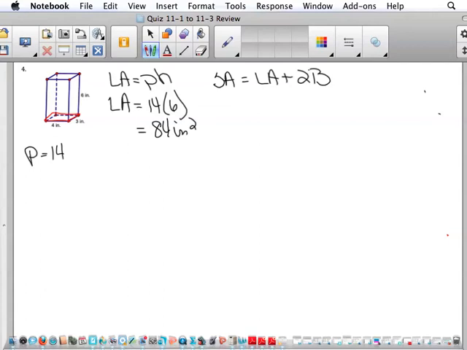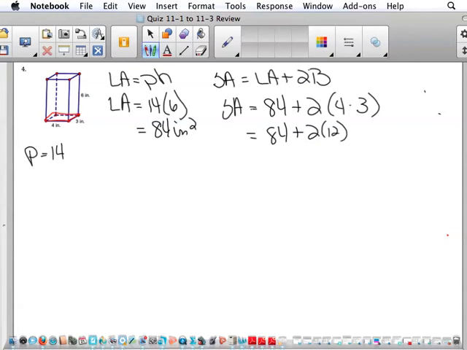Then the total surface area is equal to the lateral area, 84, plus 2 times the area of the base. Well, the base is 4 times 3, which is 12. So I have 84 plus 2 times 12, which is 24. So I have 108 inches squared for the surface area of that rectangular prism.